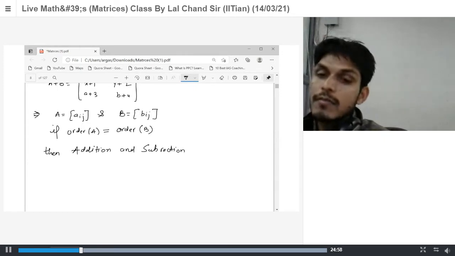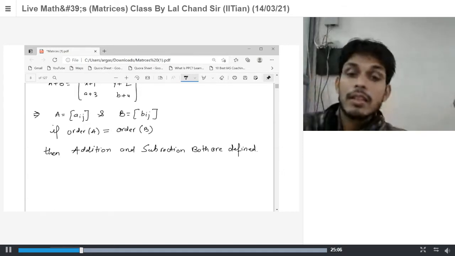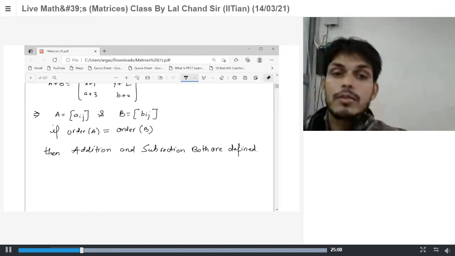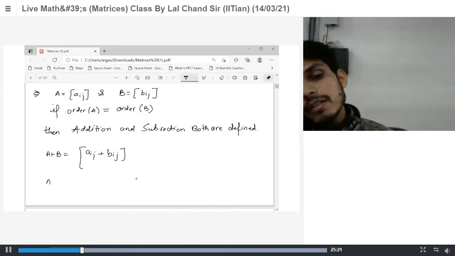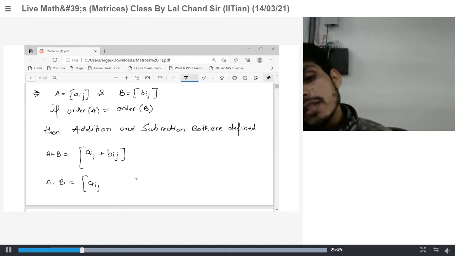So A plus B is defined as the sum of Aij plus Bij, respective elements. And A minus B is defined as Aij minus Bij.